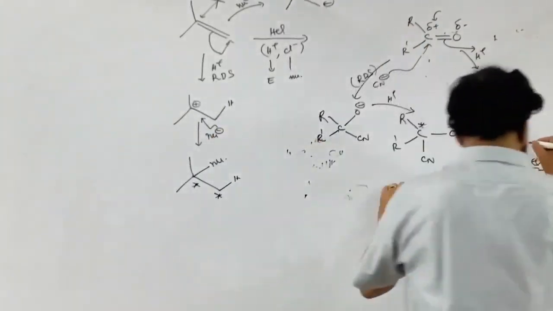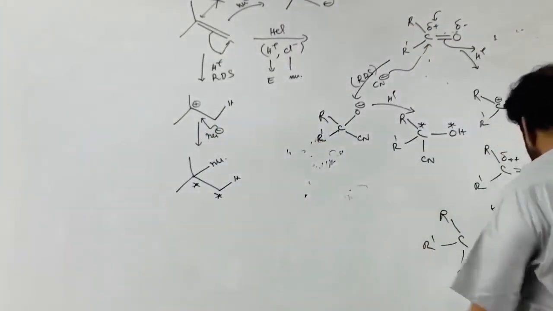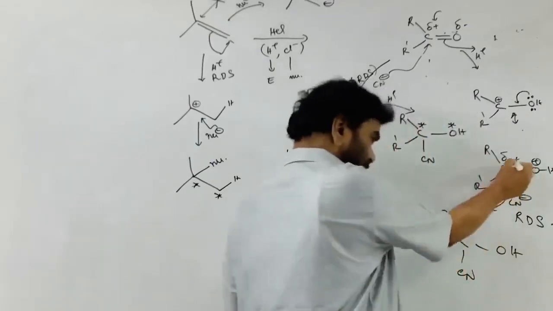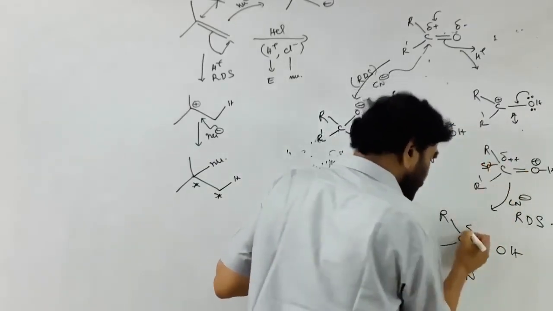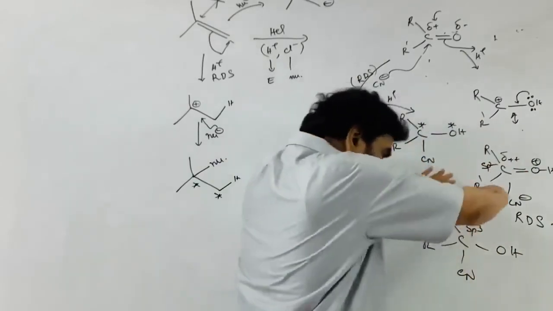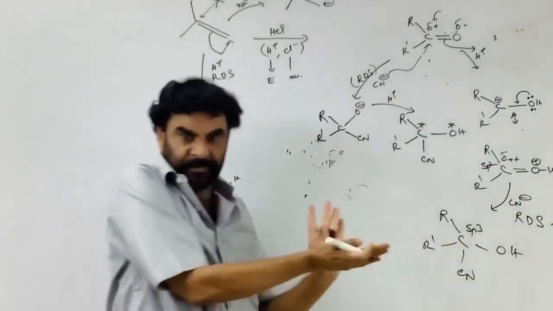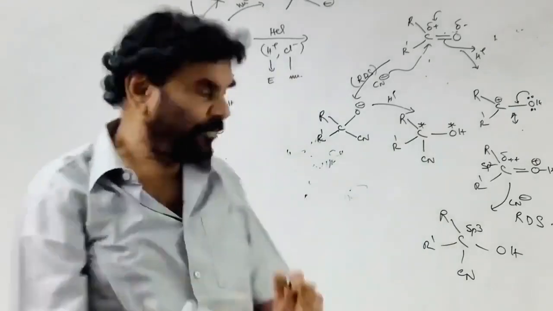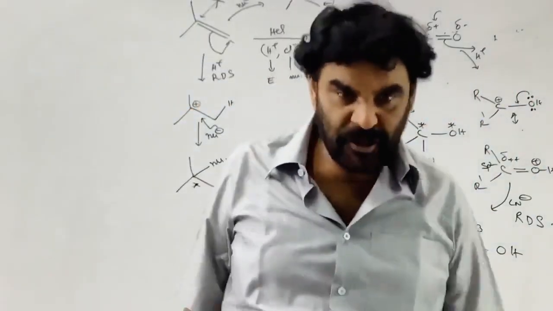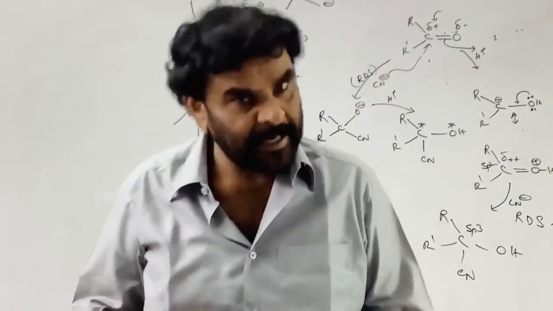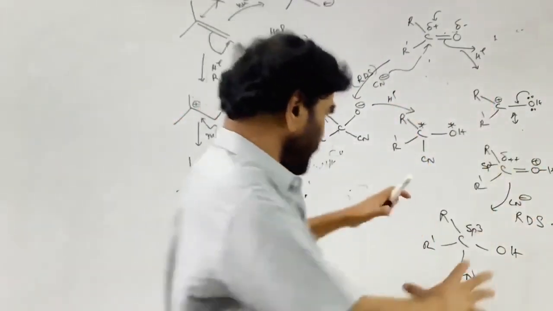But when the cyanide ion approaches and attacks the carbon, the sp2 carbon changes into an sp3 carbon, a tetrahedral product is formed, and the spatial distance between the groups decreases.